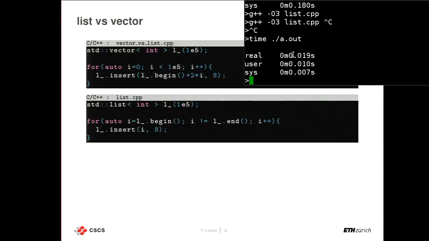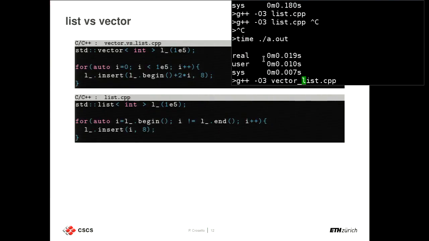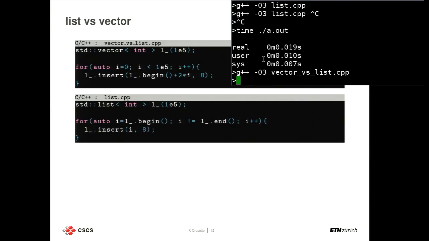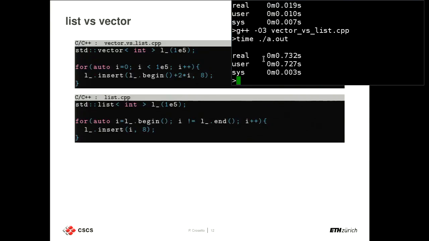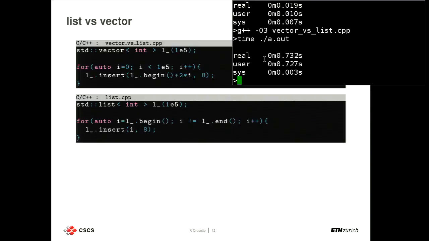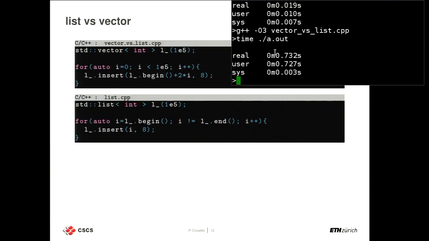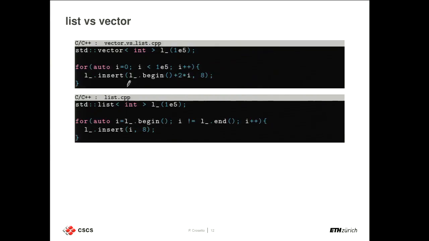So this takes almost nothing, and now vector versus list. So this takes definitely more. This is because of the same reason as before.